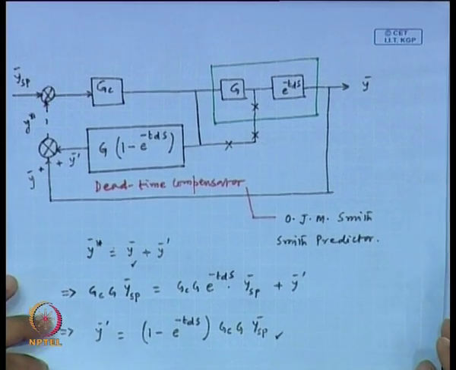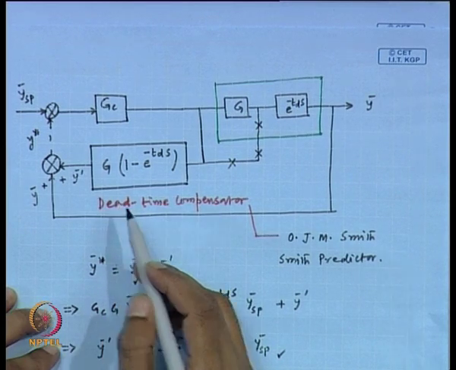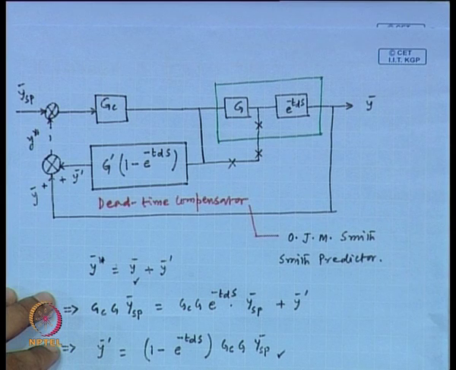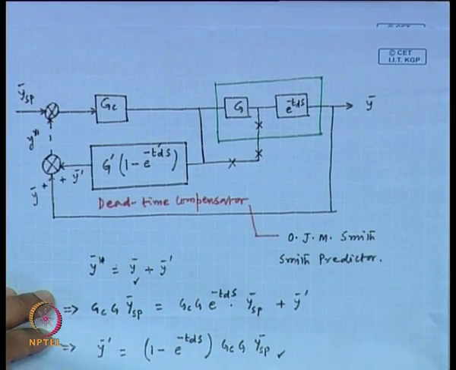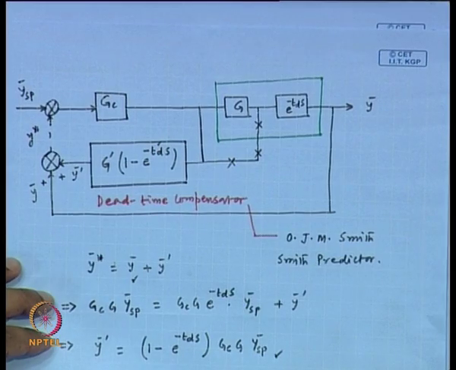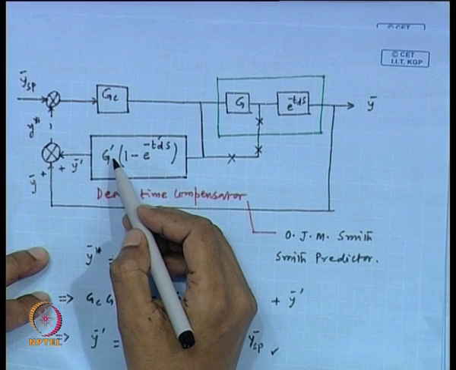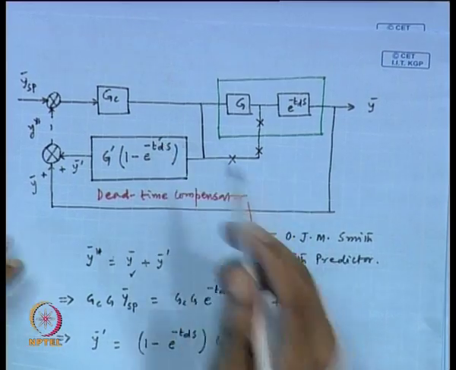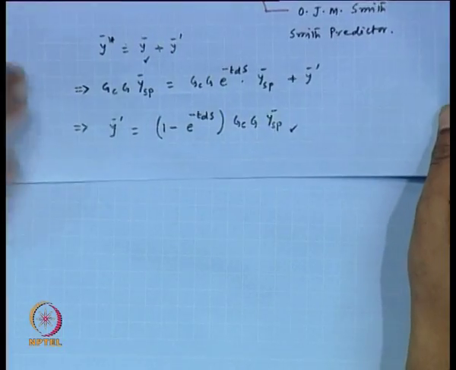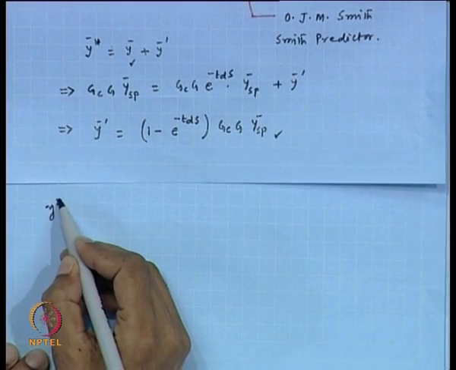If that is the case, then we will represent the approximate model as Z prime and the approximate TD as TD prime. Fine. We will represent Z prime for the approximate model and TD prime for the approximate dead time. Then what will be Y star?